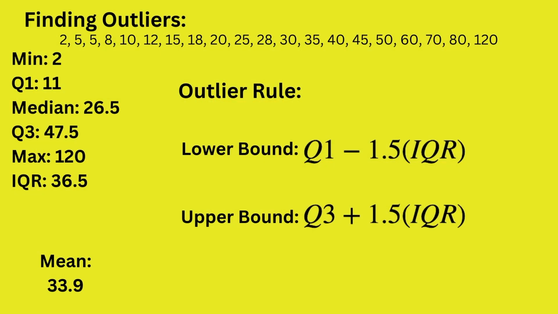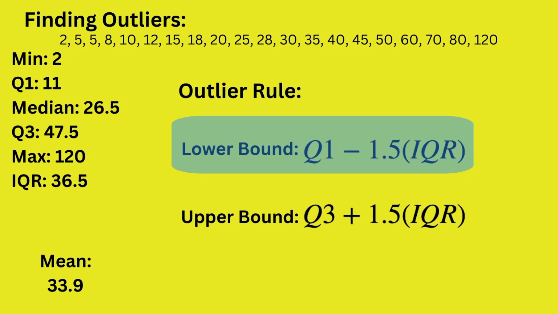When we are looking for outliers, we're going to use the AP Statistics definition, which is to look for 1.5 times the IQR difference from our Q1 and our Q3. So we have an upper and a lower bound. Our lower bound for a low outlier is our Q1 value minus 1.5 times our IQR value.